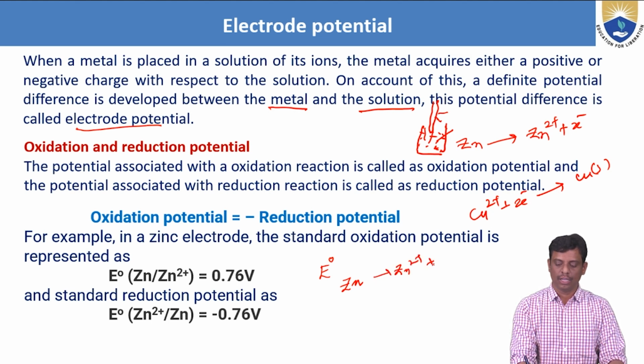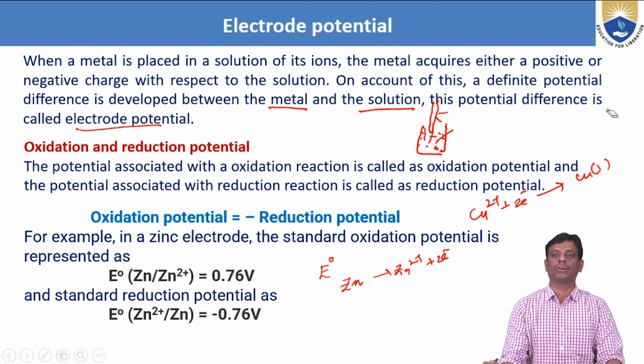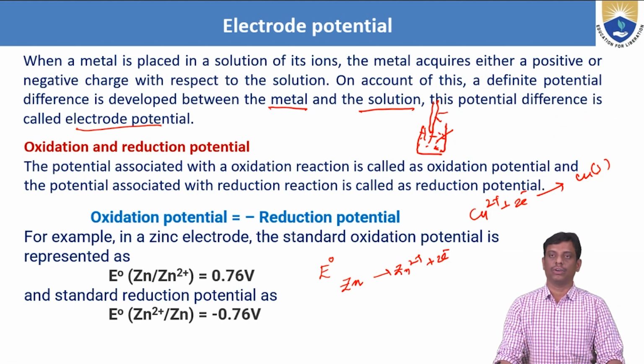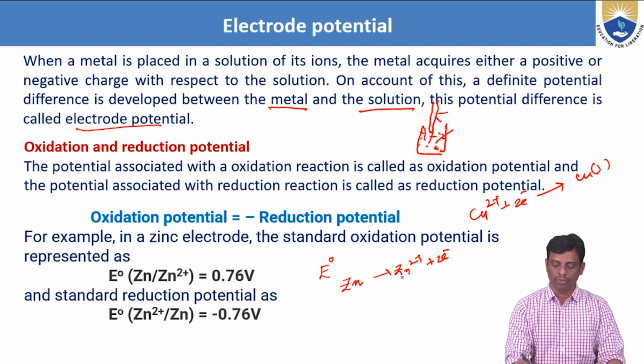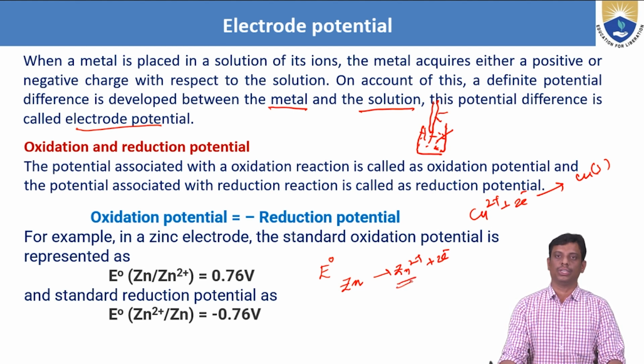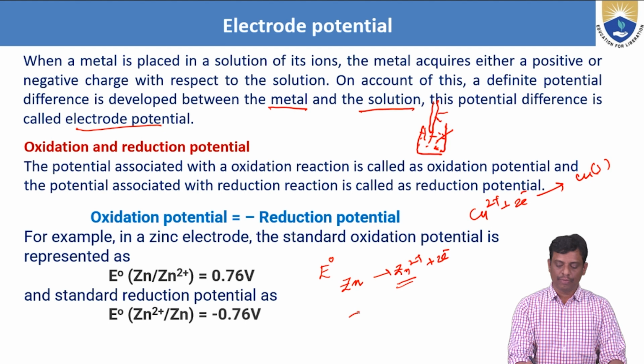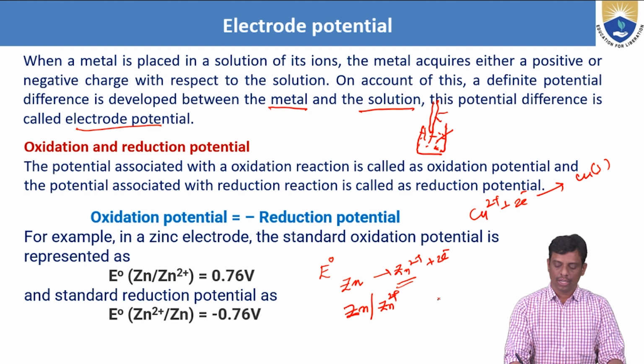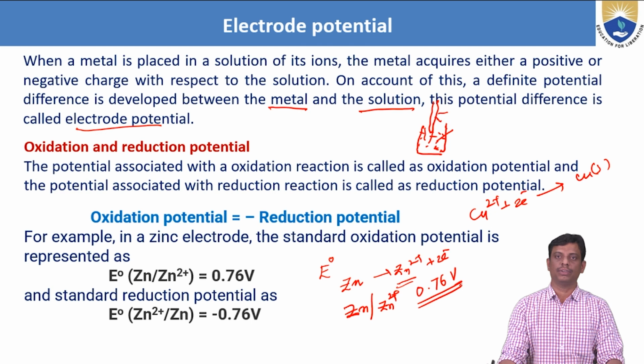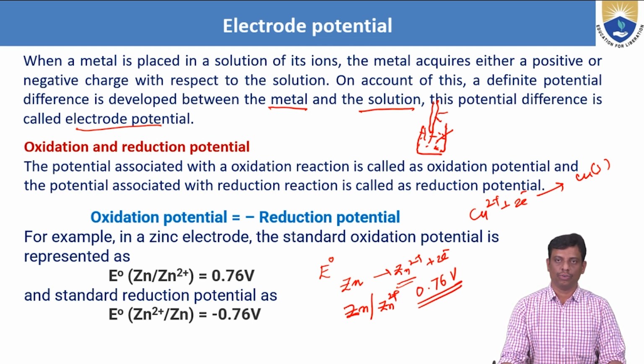This is the oxidation reaction. So we simply write the zinc electrode, zinc and zinc 2+, and the potential is 0.76 volts. This is the oxidation potential of the zinc electrode.